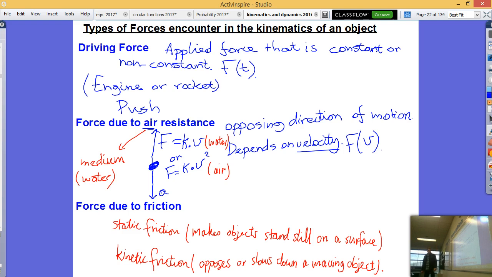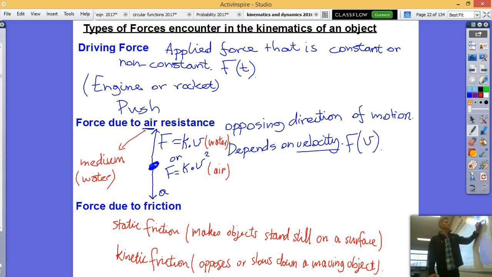Okay? So friction always follows the same kind of formula.